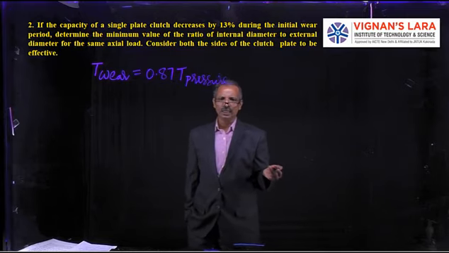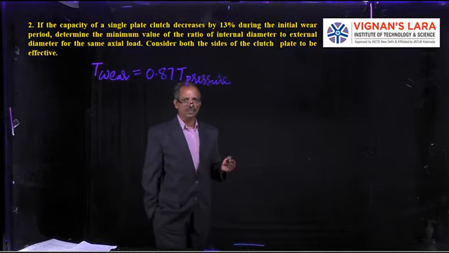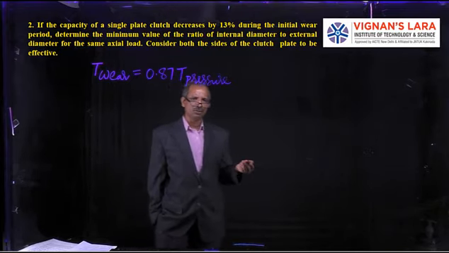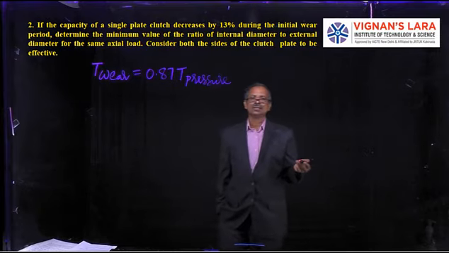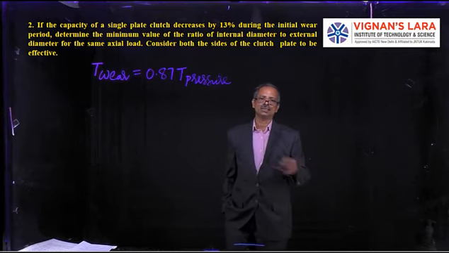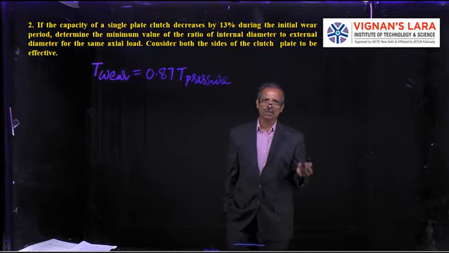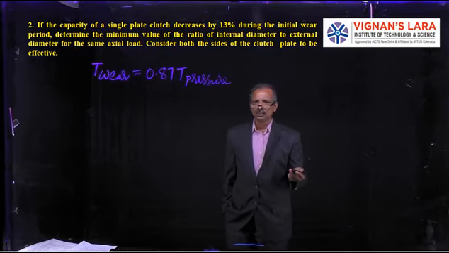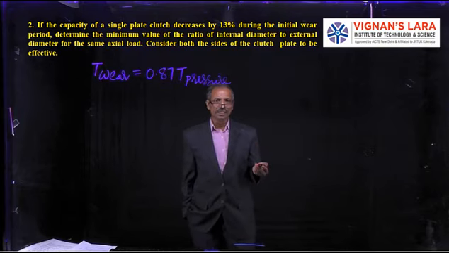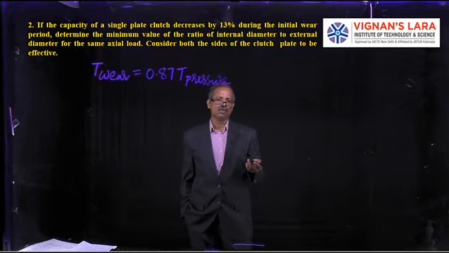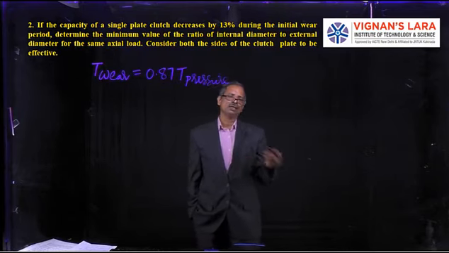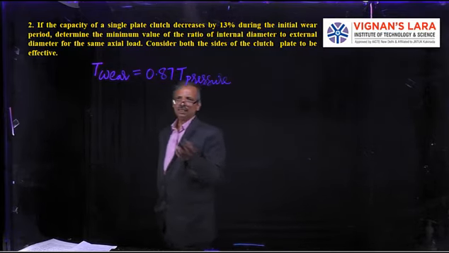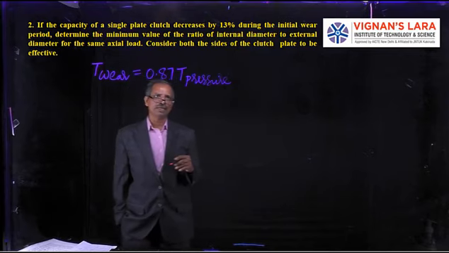The power transmitted is a function of torque, because you are aware that power is equal to 2 pi N T by 60. N is constant because there is no change of speed. So what is the variable there? Torque, which is a function of wear and tear or pressure. So T wear is equal to 0.87 times T pressure.